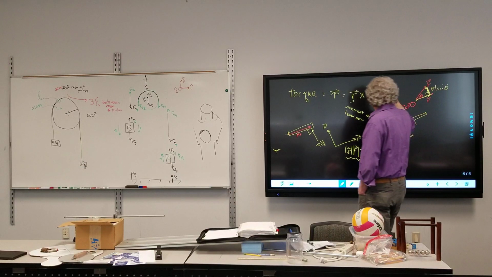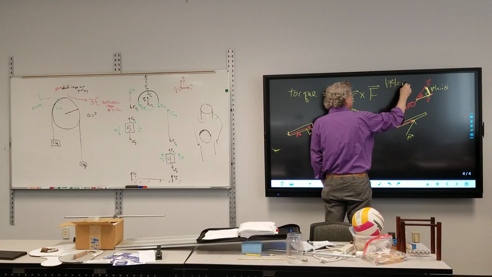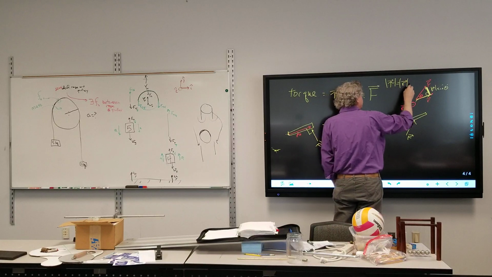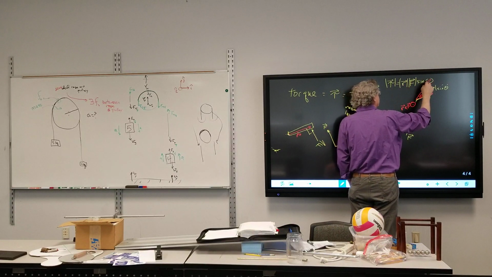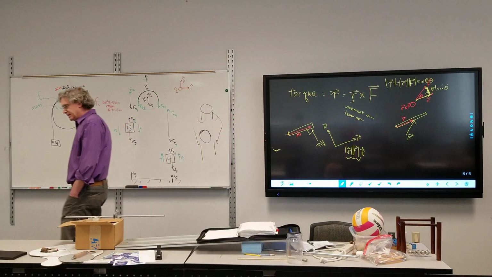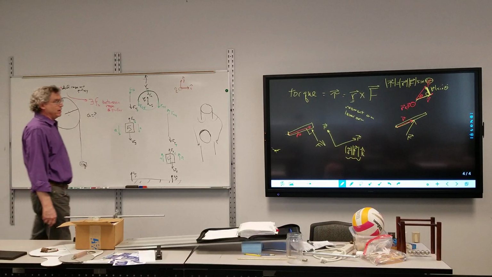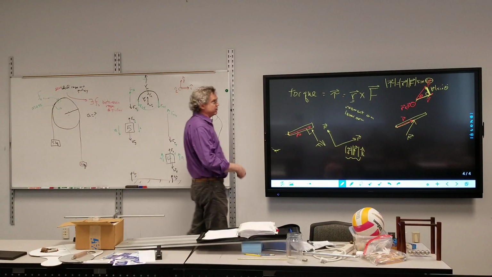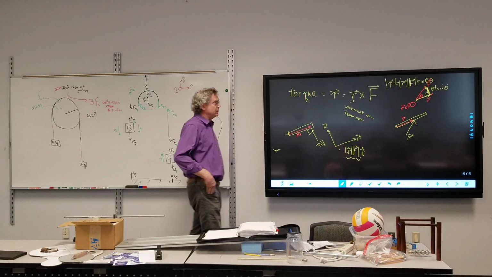So generically, the magnitude of the torque is going to be the magnitude of r times the magnitude of F times the sine of the angle between them when they're tail to tail. And if theta is 90 degrees, sine of 90 degrees is 1, and we get back to our first example.